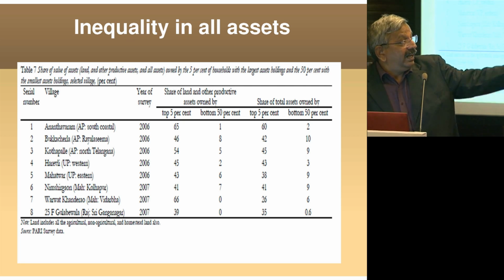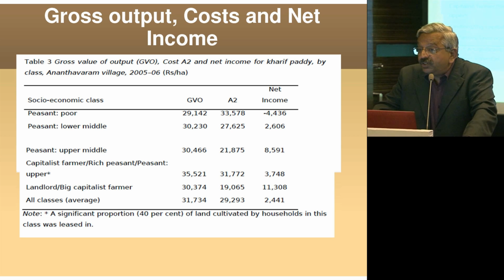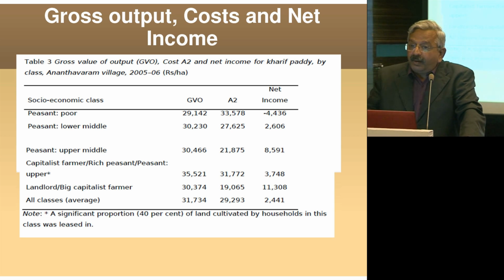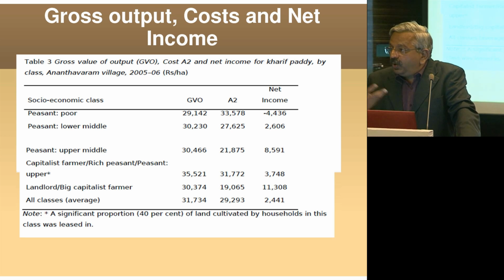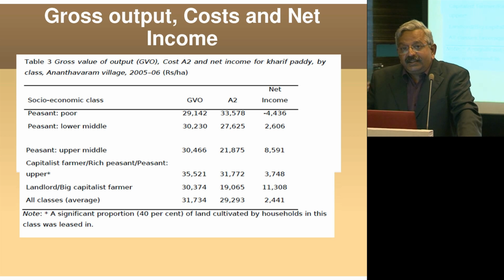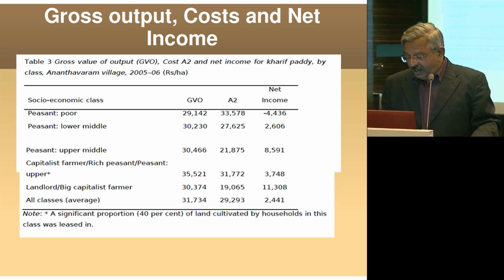And the rest, it is advantageous to be able to handle the market. It is also questions of power. When you buy from the pesticide dealer, the fertilizer dealer, the poor buy on credit, which is very well known. So this whole set of problems eventually boils down to this set of differences.